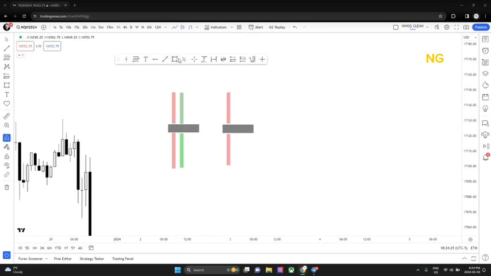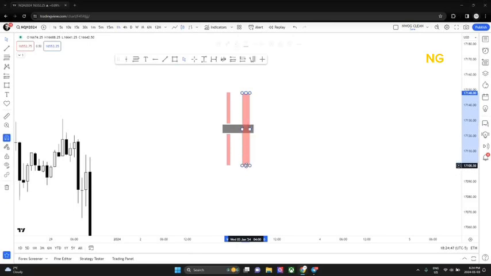And an inverse fair value gap would be something like this. No gap here, but a gap right here.